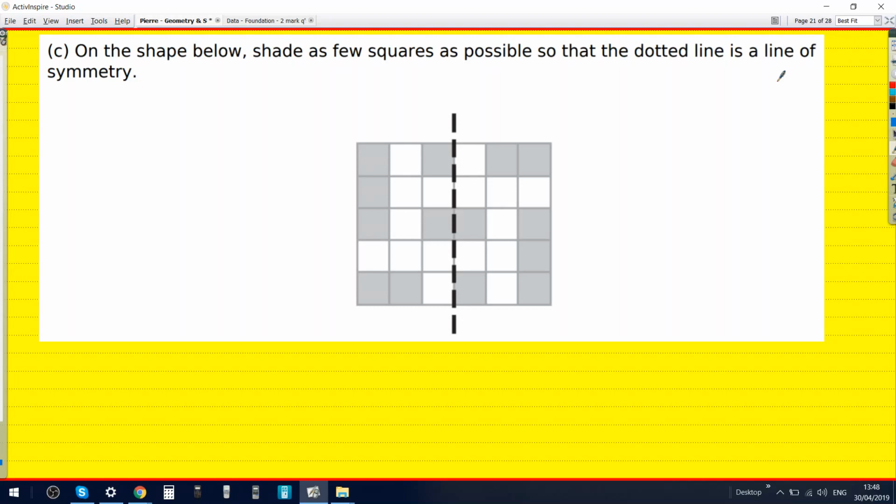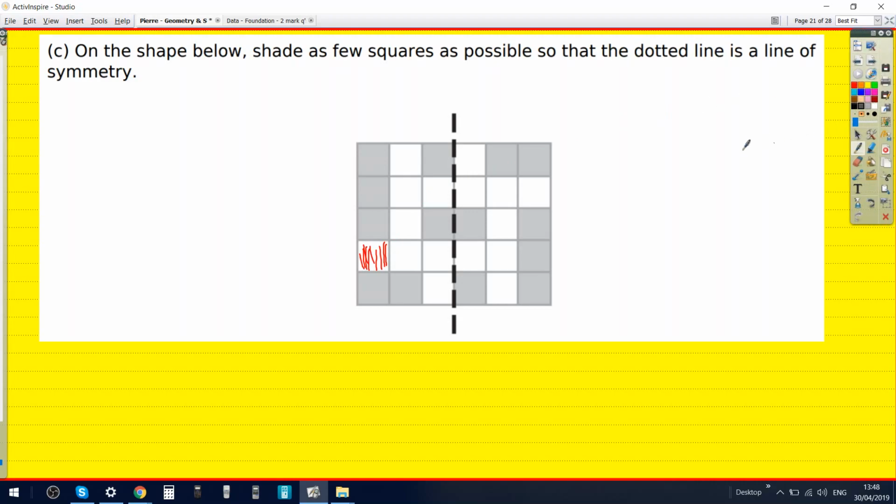So you'd shade the one on the far left, 2 up from the bottom. This one? Yeah.